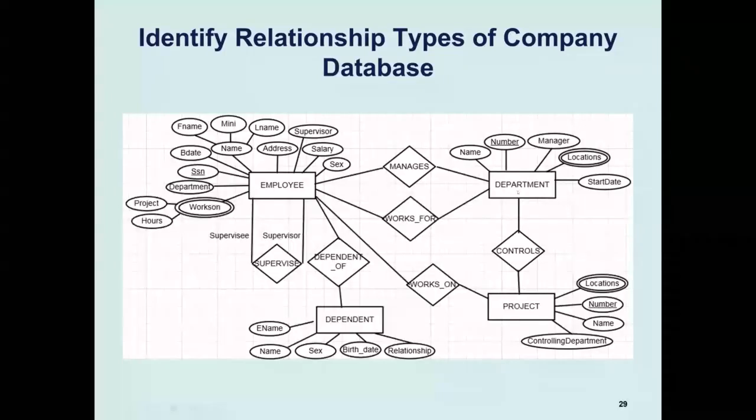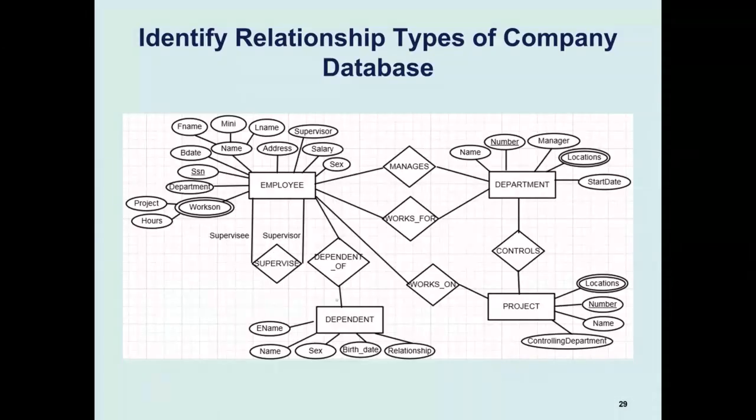We also identified six relationship types, so six diamond boxes. Five are called normal relationship types, and then we only have one, supervised, that is recursive. It's called a recursive relationship type because it's connecting to the same entity type twice.